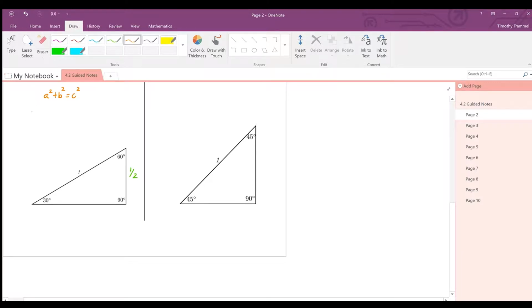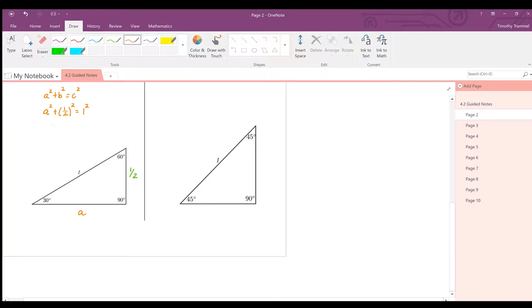So let's go ahead and use this. Let's say that this missing side here is a, because this is a leg, not the hypotenuse. So we'd have a squared, and then the b here, the other leg, is that 1/2.